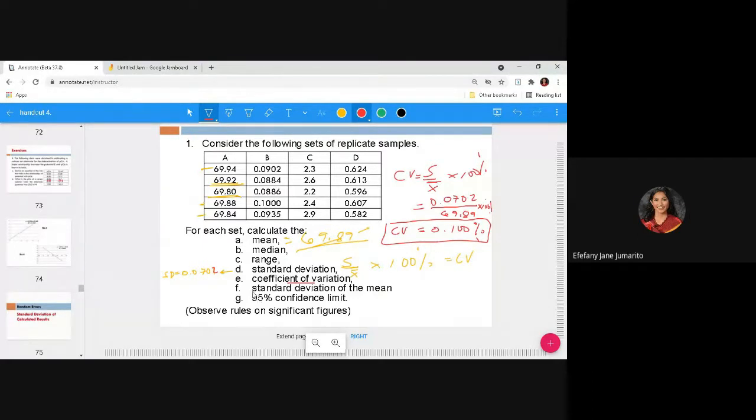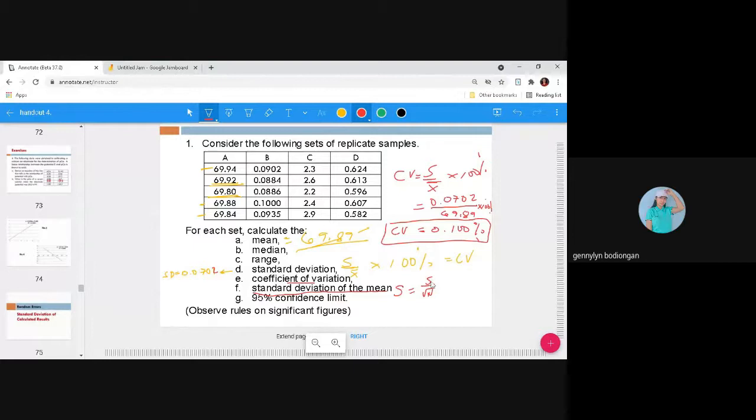Okay. Now, what about when we say standard deviation of the mean? The formula for that is S, big S, S over square root of N. Okay. So, what is S here? This is?